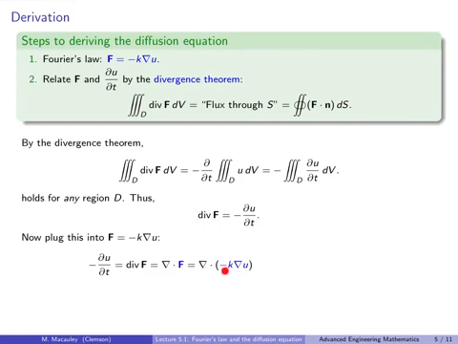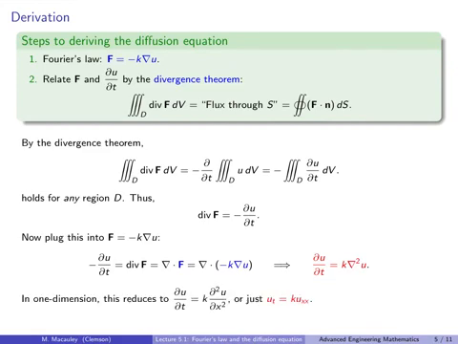So we can pull the negative k out of here. This negative sign cancels with that negative sign, and we can write this as k del squared u. In other words, du/dt equals k times the Laplacian of u. So that is the derivation of the diffusion equation.